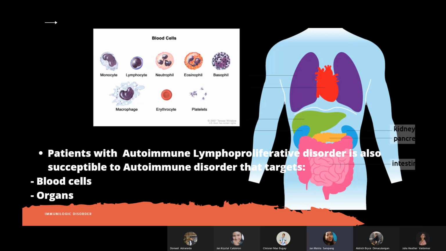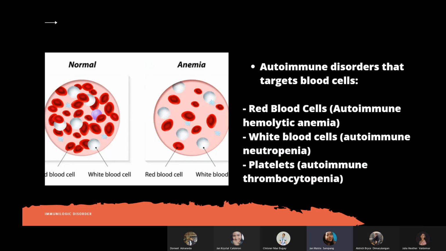Autoimmune disorders typically develop several years later. This is an example of autoimmune disorder that targets the blood cells. When it attacks the red blood cells, it is called autoimmune hemolytic anemia. It occurs when the body destroys its own red blood cells, causing weakness and fatigue.